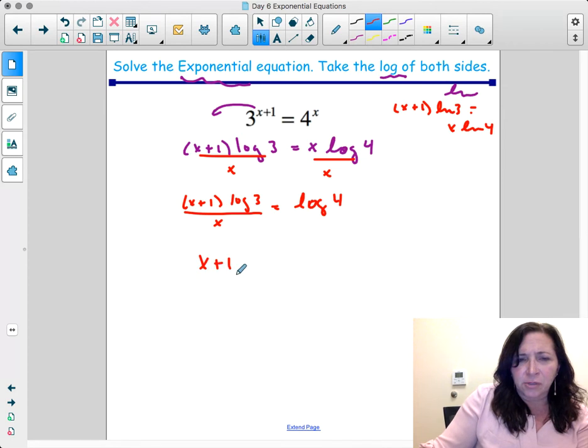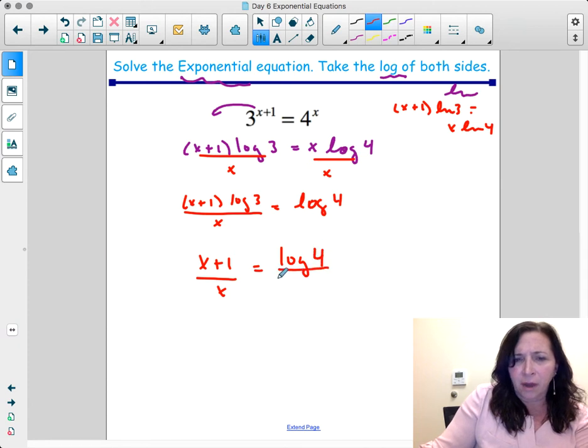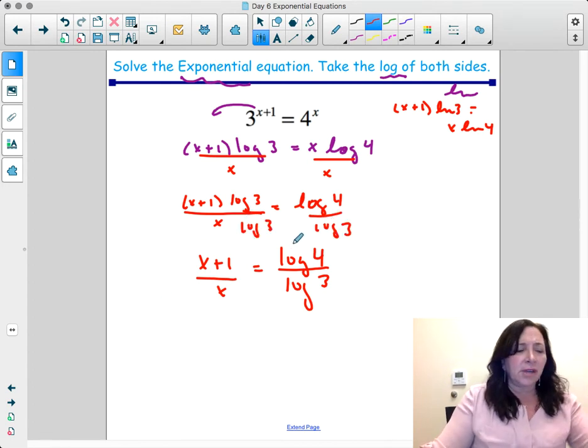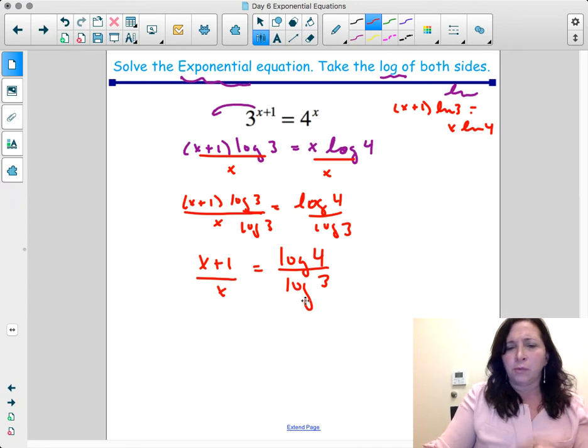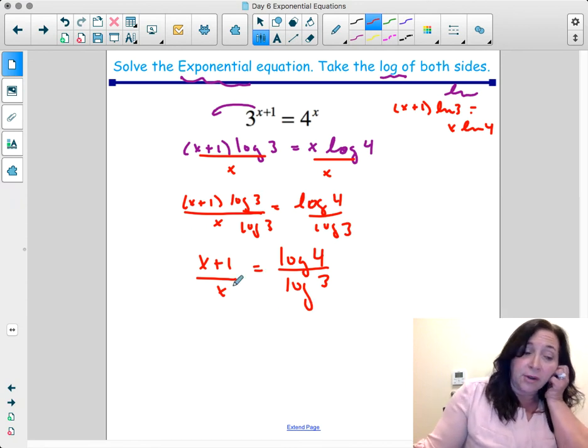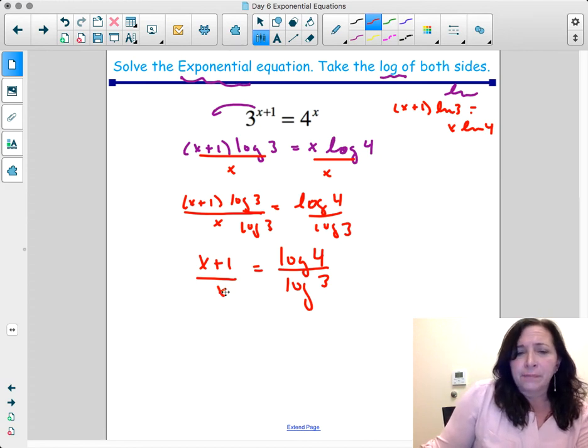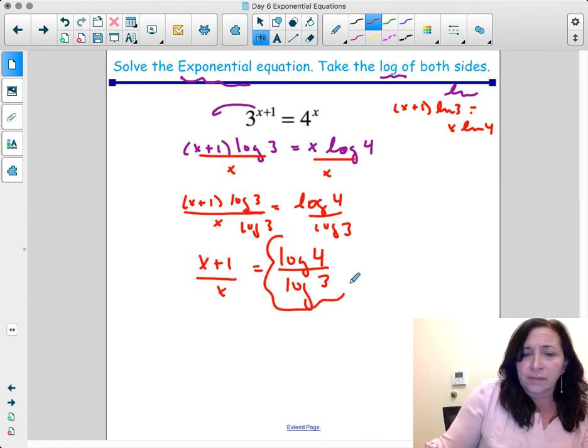So I have x plus 1 over x is equal to log base 10 of 4 divided by log base 10 of 3. And I'm just going to divide those out. Then I need to work that out with my calculator, and then I'm going to cross multiply.